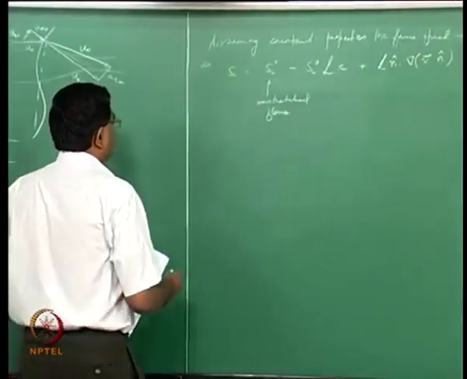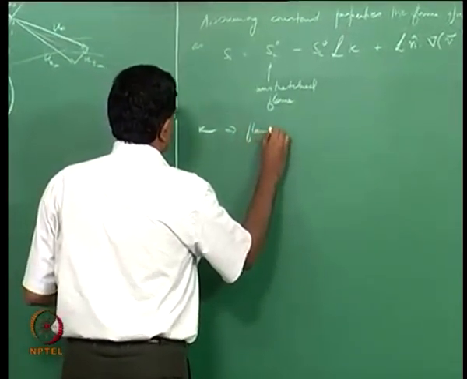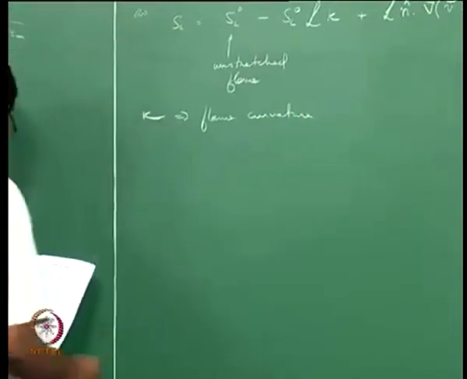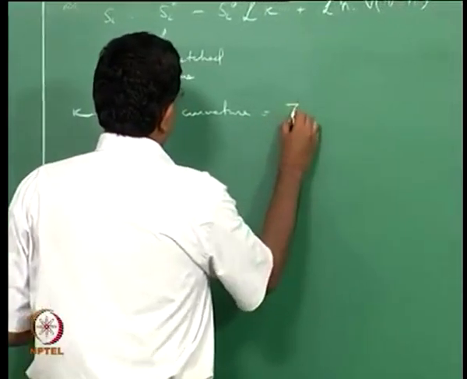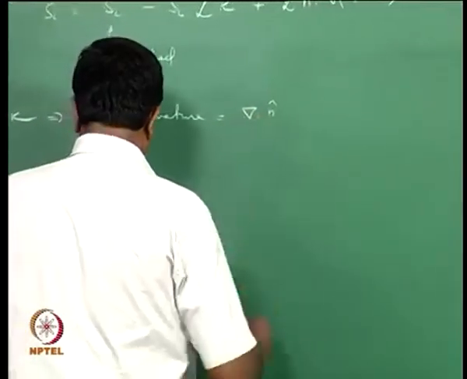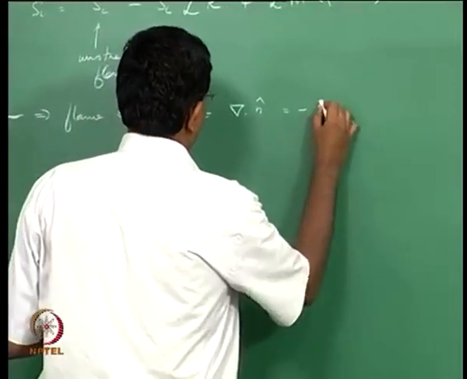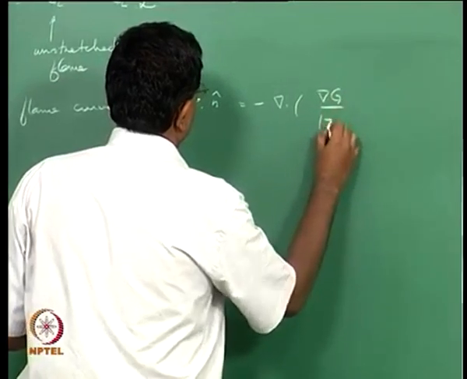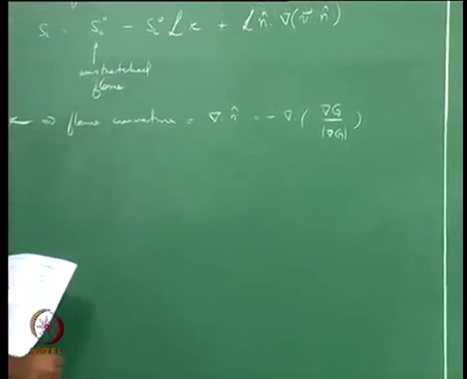So here kappa then is the flame curvature, right. So that's equal to divergence of n hat, which is nothing but negative of divergence of grad g divided by mod grad g in the framework of the G equation.